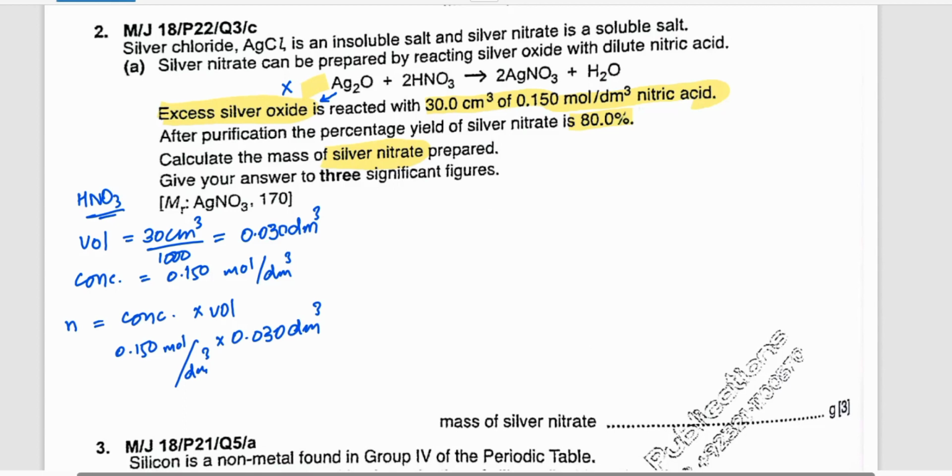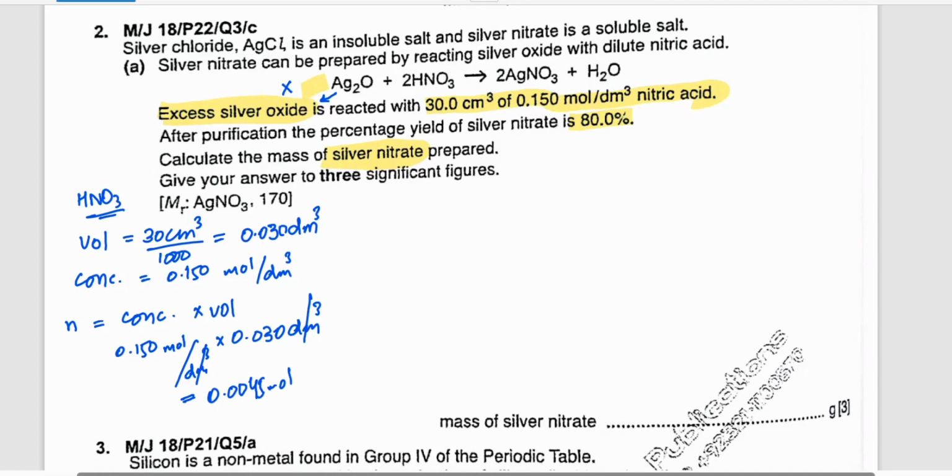So by using a calculator, you have to keep a calculator with yourself. 0.150 multiplied by 0.030. So what we get? We get 0.0045 moles. This is the moles of HNO3, but this dm cube is cancelled with this dm cube, and we get mole as a unit.